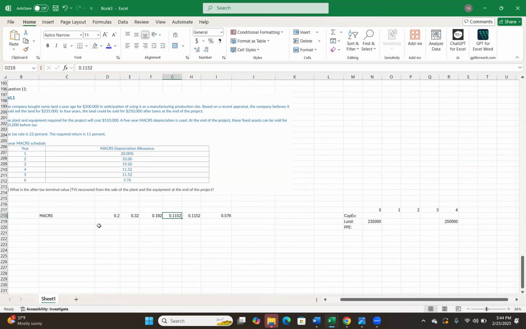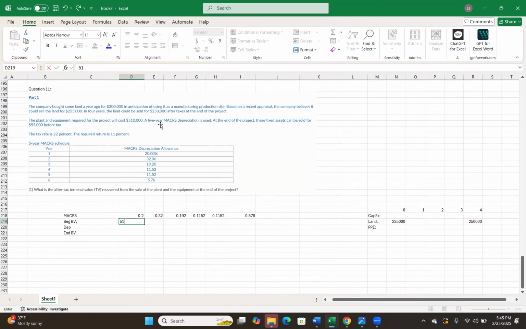Okay, so here's my makers. Here's my beginning book value, my depreciation, my ending book value. So my beginning for the plant is 510. For my depreciation, I'm going to lock this cell in at 510.